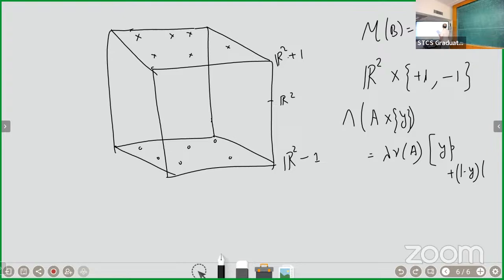So let's take 0 and 1 so that we don't make a mistake. I'm assuming y is 1 and 0.